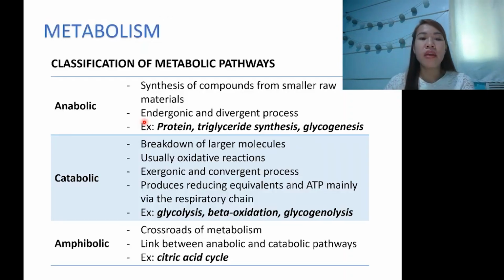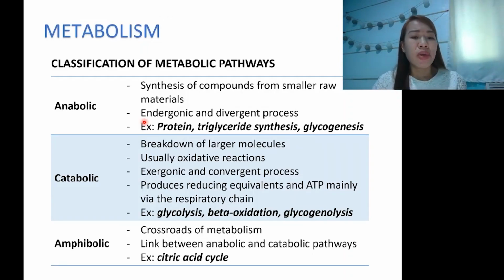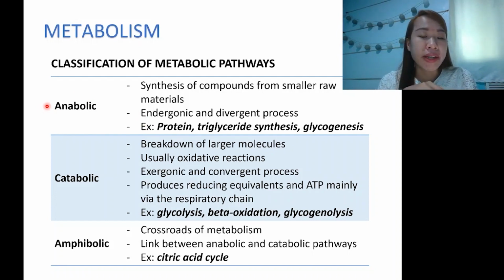Now, in the classification of metabolic pathways, class, we need to understand what anabolic means. So this is the synthesis of compounds from smaller raw materials. Okay, now we encounter the term endergonic. When we say endergonic, this means it requires the absorption of energy.